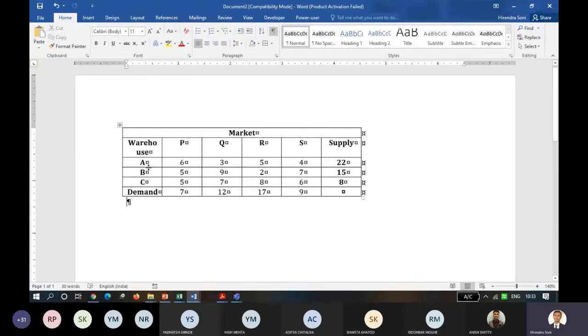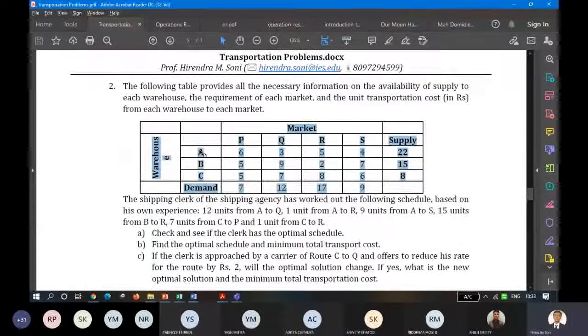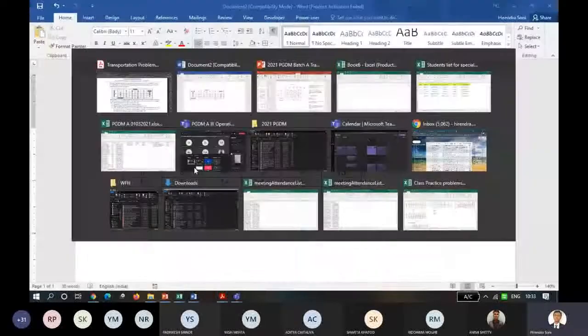These are my warehouses. Correct. ABC and PQRS.